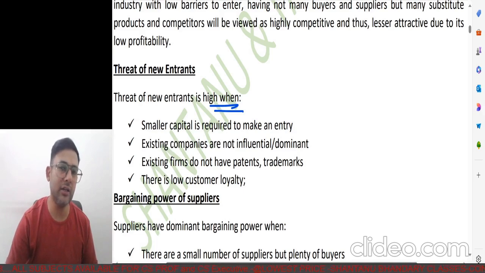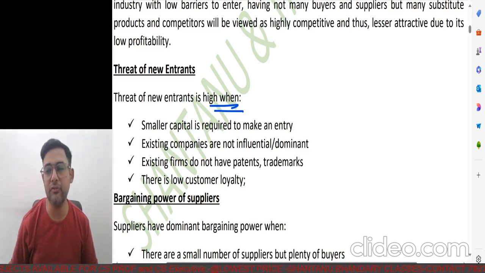All of these have very good financial backing. So you need to make sure that you have that much financial reserve that you can fight with these players when it comes to competition. If you don't have that, then there's no point in entering this market. So I think that's pretty much everything about the threat of new entrant, because the entrant will only come to the market if it is viable.